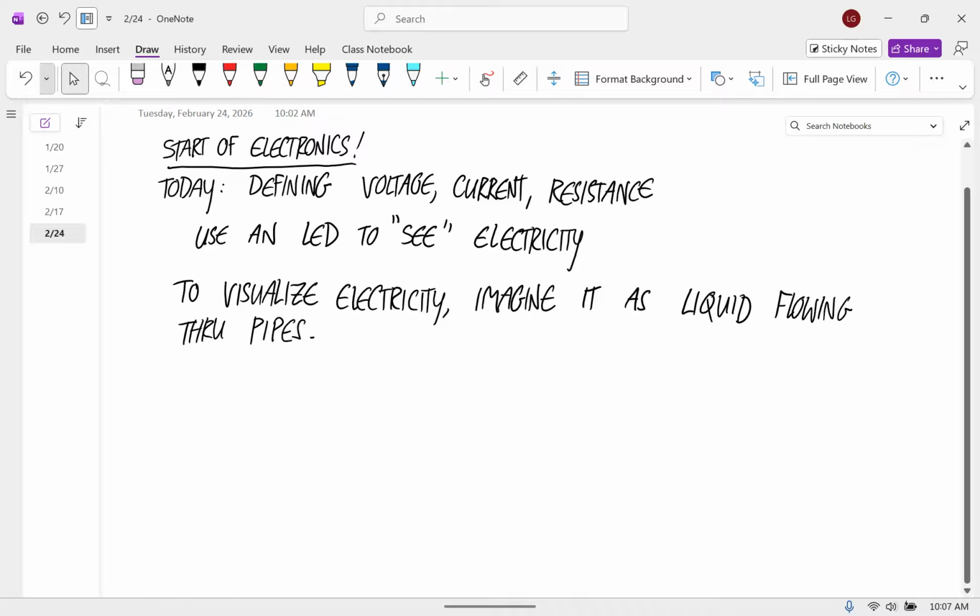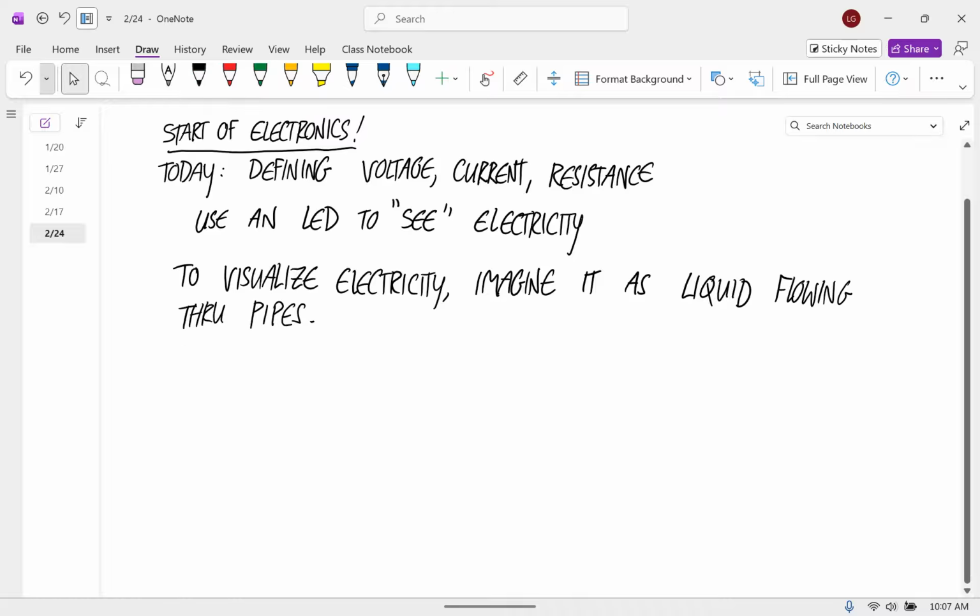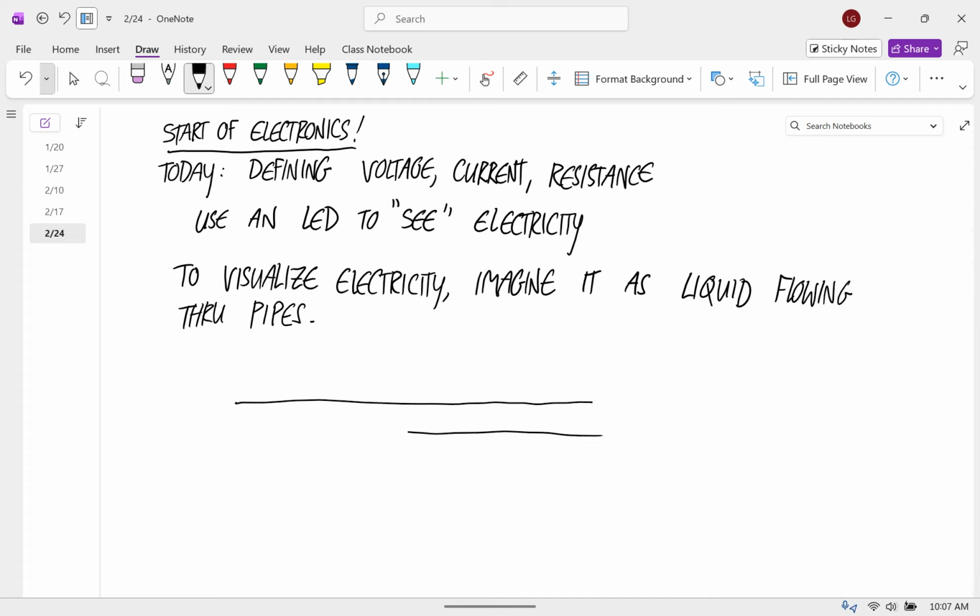And so if you have a pipe, these are the things that relate to each other to create motion of this liquid.